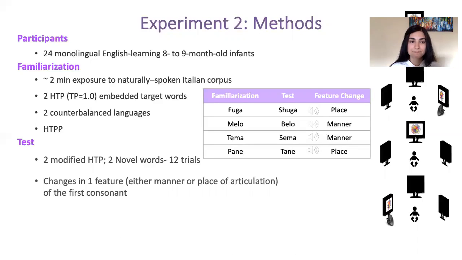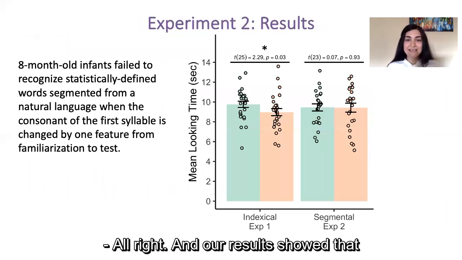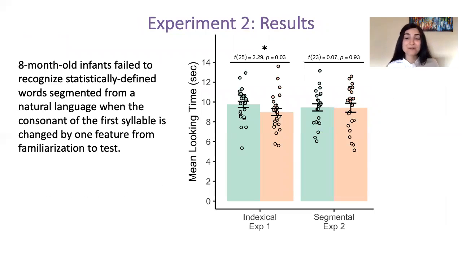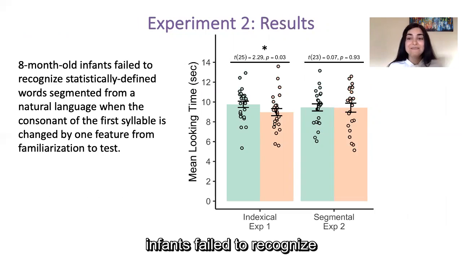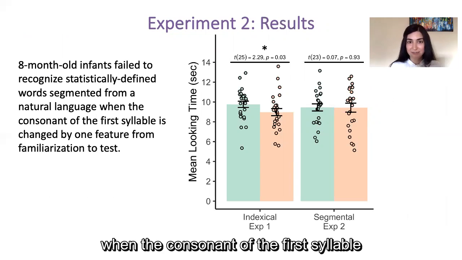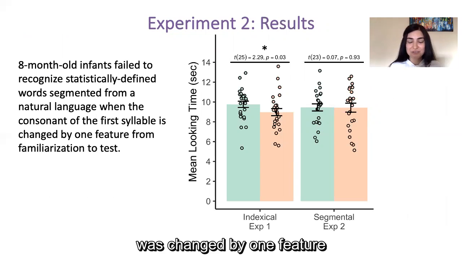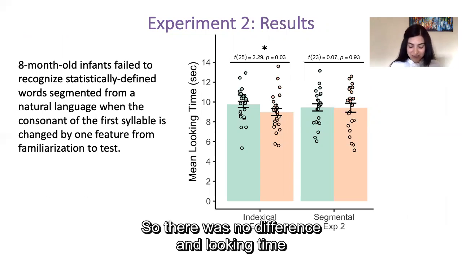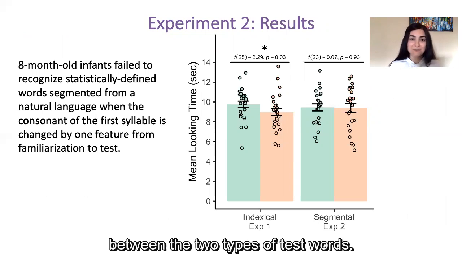Tane. All right. And our results show that infants failed to recognize statistically segmented words when the consonant of the first syllable was changed by 1 feature from familiarization to test. So there was no difference in looking time between the 2 types of test words.